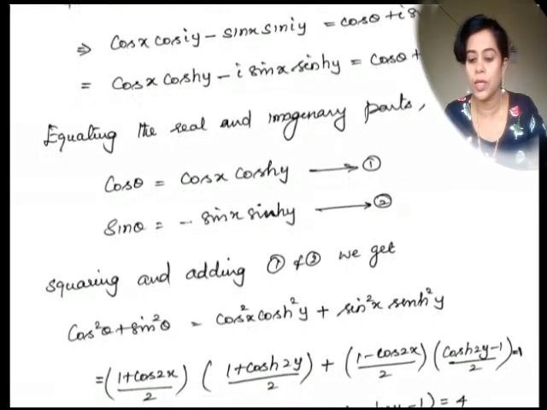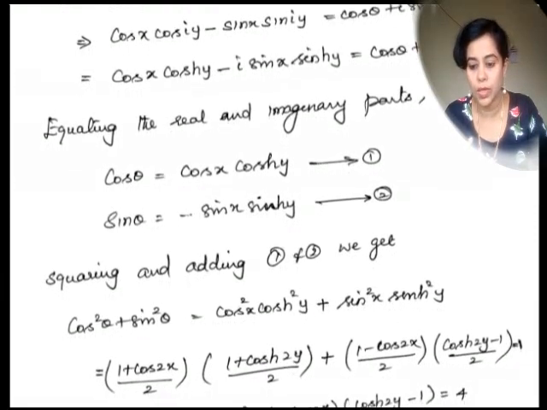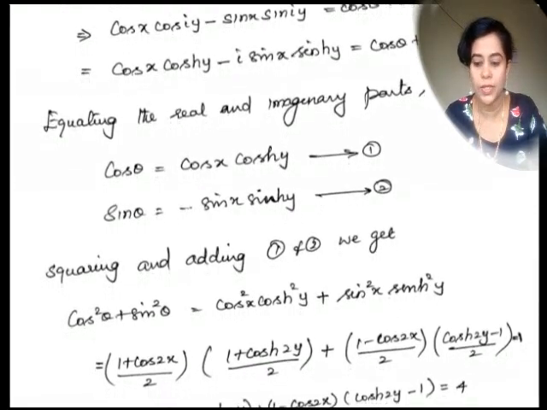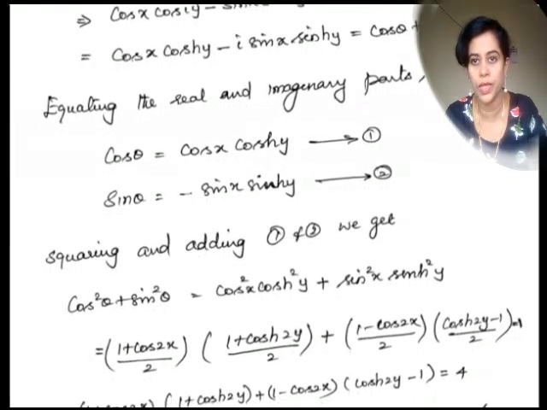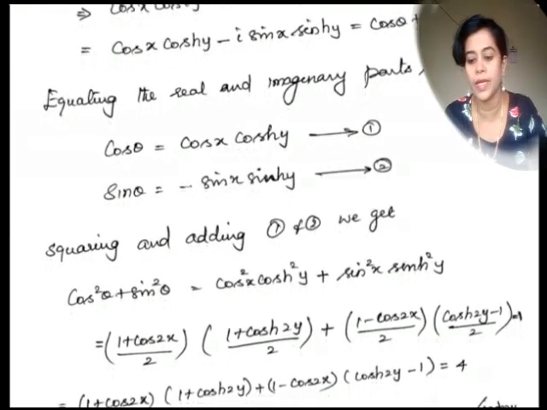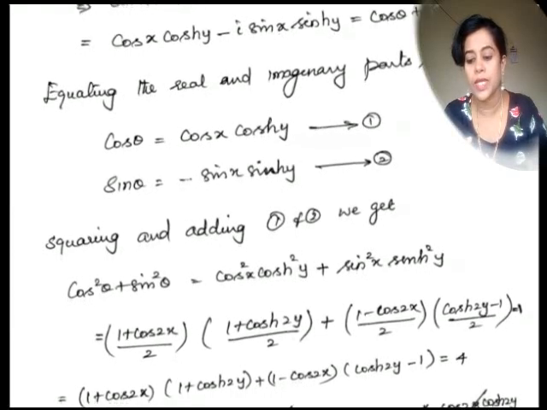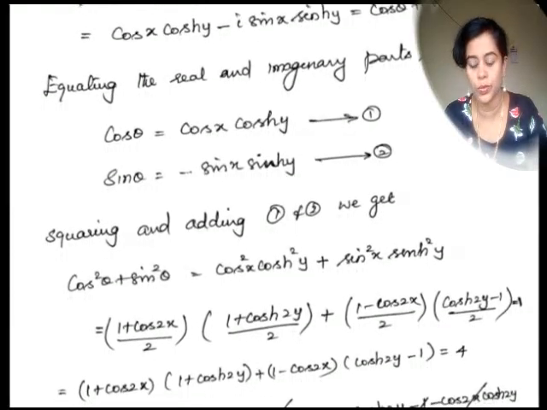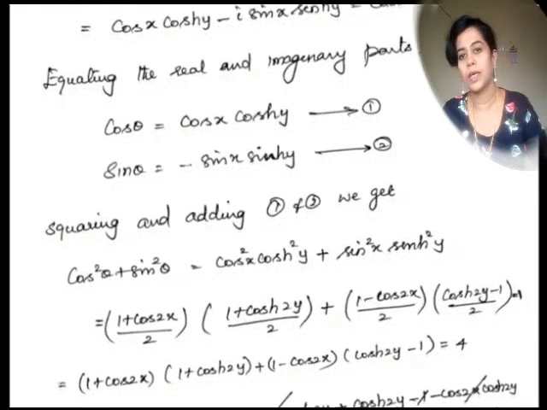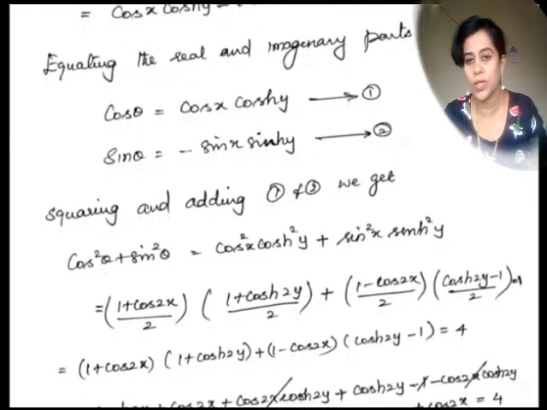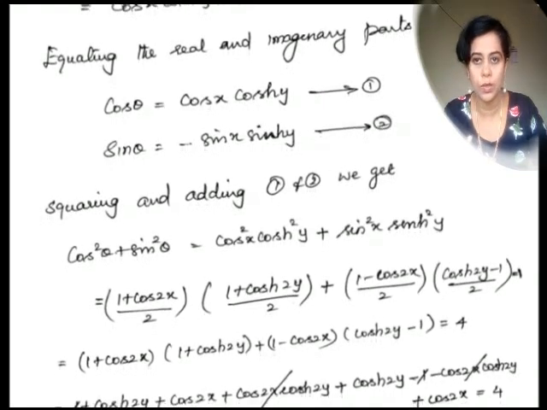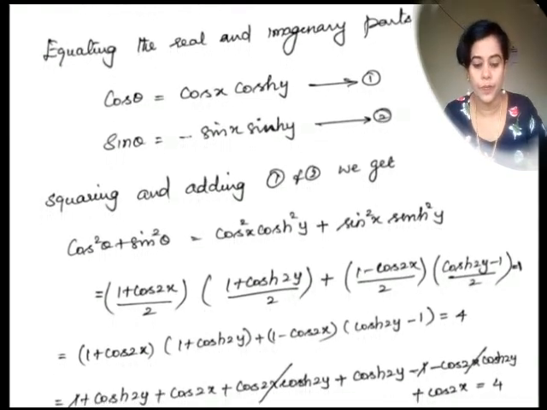Similarly, plus the other term sin squared x can be written as 1 minus cos 2x by 2, and sinh squared y is nothing but cosh 2y minus 1 by 2. The left hand side result is cos squared theta plus sin squared theta, which will be written as 1 on the right hand side.